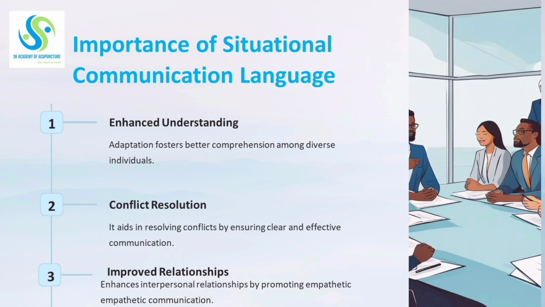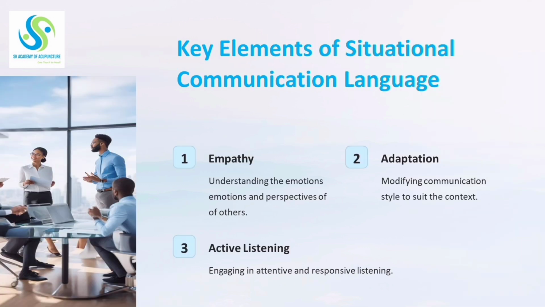So what could be the key elements of situational communication? It involves understanding your audience. You are going to present to a KG kid, a kindergarten kid, or you are going to present to a public exam appearing kid. If you are going to share the same knowledge with both audiences, you will need different stages, right?